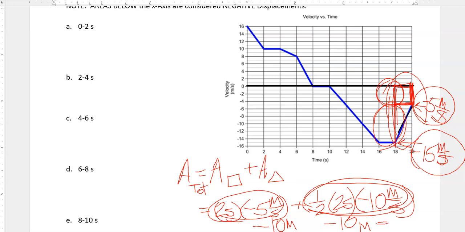So our total displacement is -20 meters for this full area under the curve here between our blue plot and our x-axis. That's a displacement of -20 meters for the 18 to 20 second range.